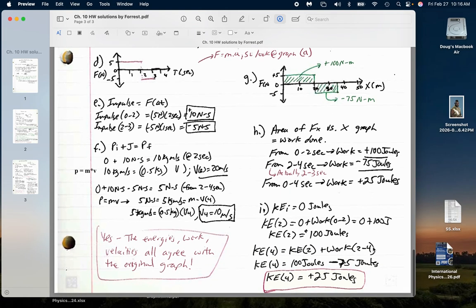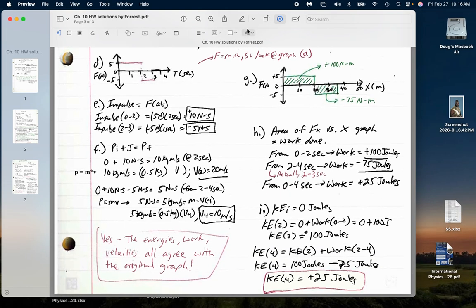For the last letter, I forgot to do this one thing, which is essentially to say KE equals 0.5 m times v squared. So I should have done this to get the velocities at the end.